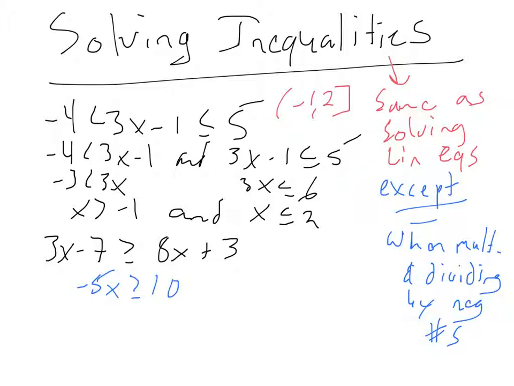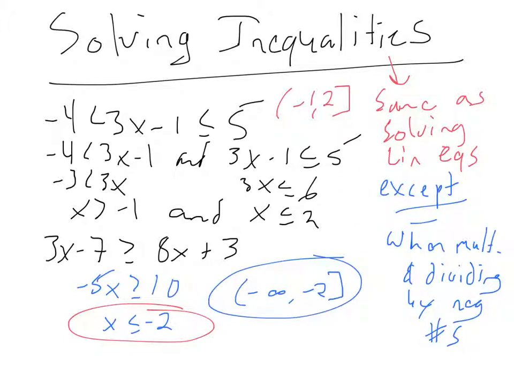And so we have to go ahead now and divide by negative 5, which means we should change the direction of the inequality. So it's less than or equal to negative 2. I want to write that in interval notation, so negative infinity to negative 2, and that's going to be a bracket for closed.